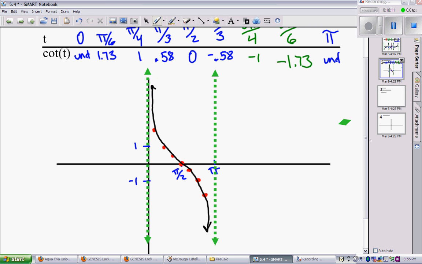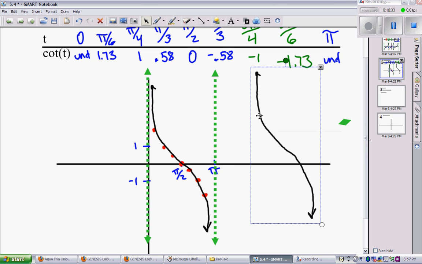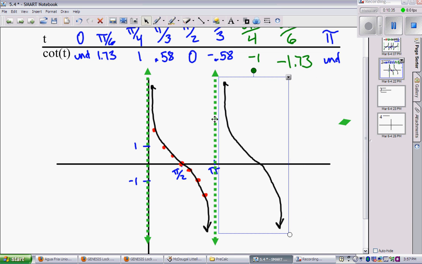There we go, that one worked out much nicer. So just like tangent, the cotangent is going to repeat. Like so.